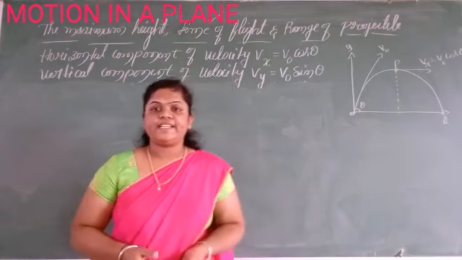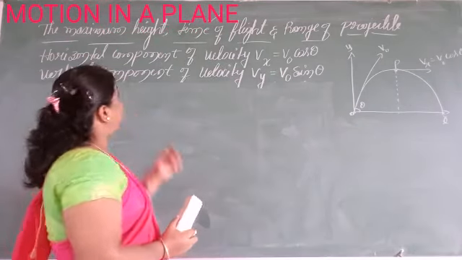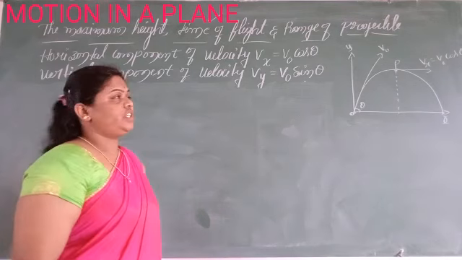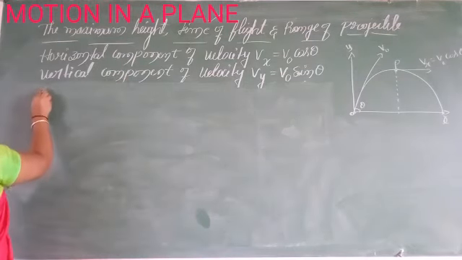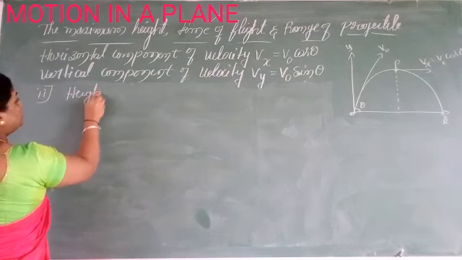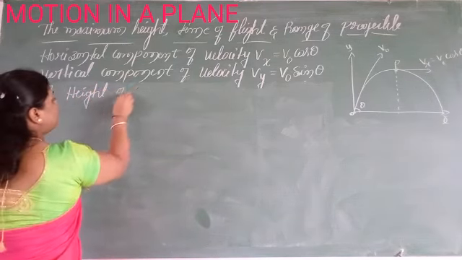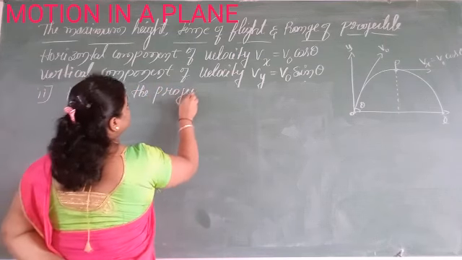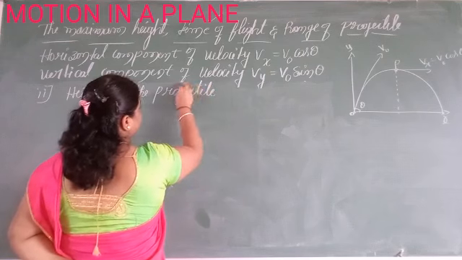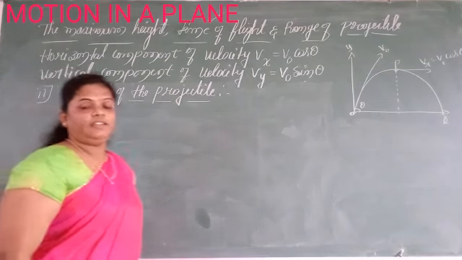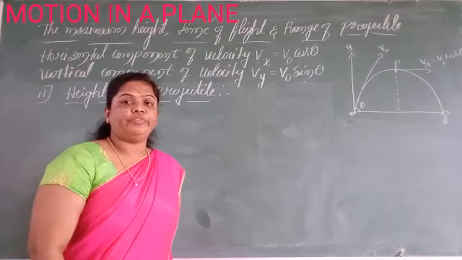So now let's see the second one, that is the height of the projectile, the maximum height of the projectile. Now let's see the expression for the height of the projectile.